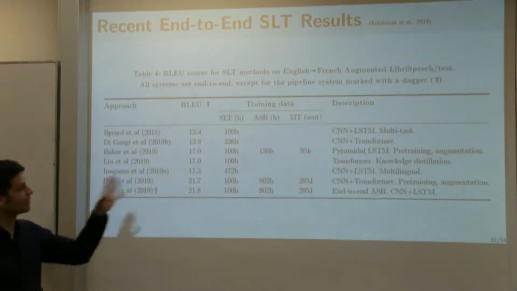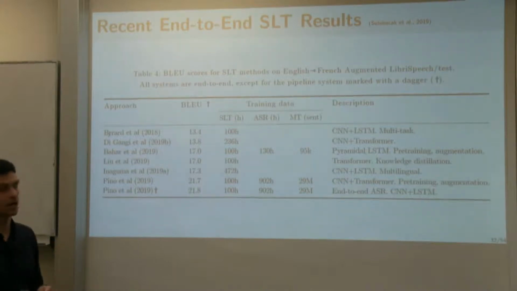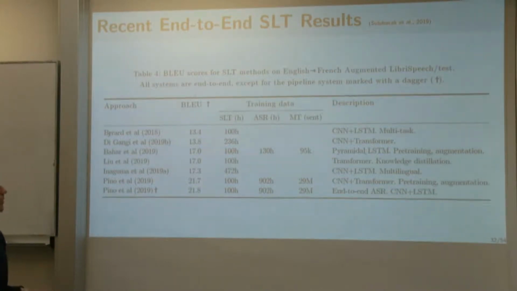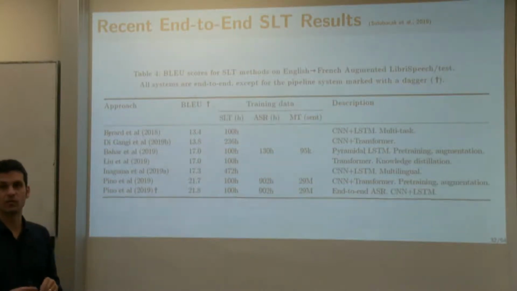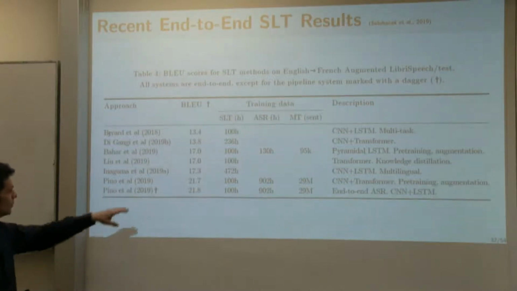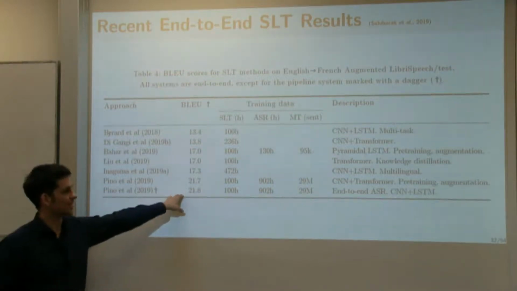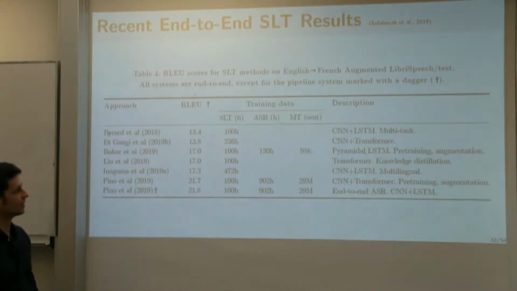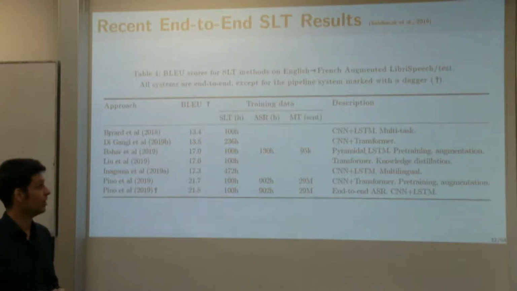So here is a summary of the results from the survey by Sulubacak, and we see that there has been quite a big improvement over the last 2 years, and we are really getting on par or very close to the cascaded system. What is still not clear is which architecture would be the best.